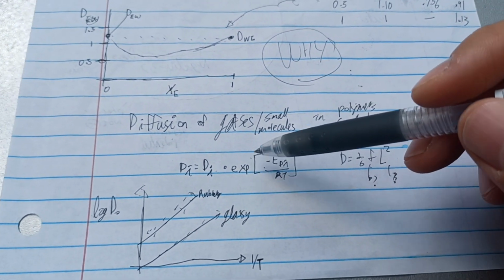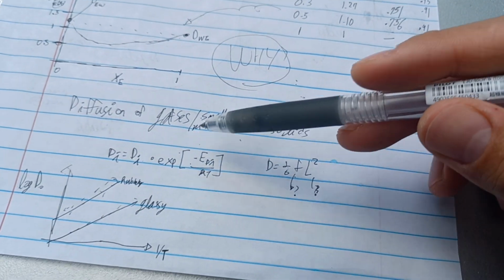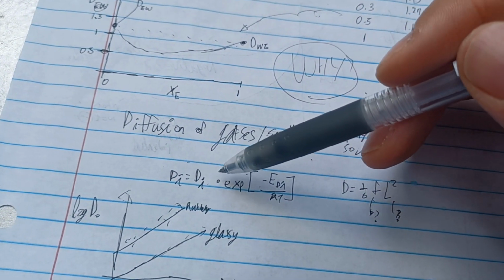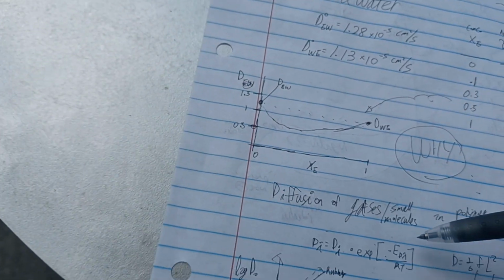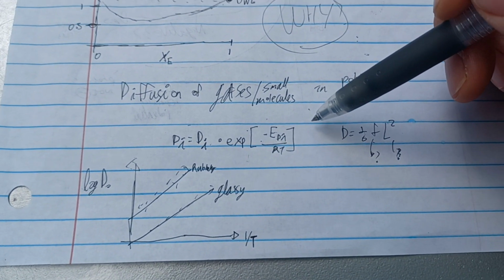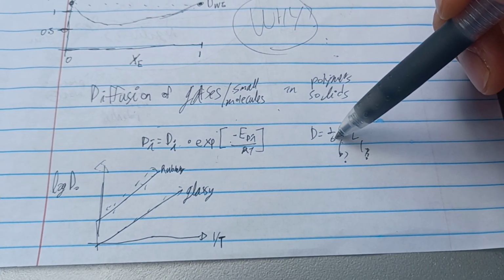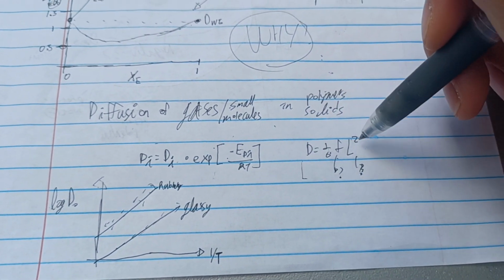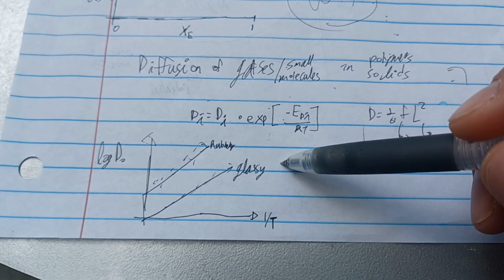So, diffusion of gases and small molecules in polymers or other solids. The diffusivity of i is D0 times e to the power of negative E over RT. I'm going to come back to this.